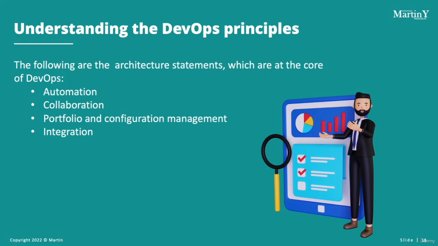On the other hand, automation will also lead to far less manual interaction and therefore fewer errors. The next architecture statement is collaboration. You remember two of the six principles are cross-functional automation teams and end-to-end responsibility. This can only be achieved by very good collaboration. Development and operations will have to work very closely together to speed up the delivery and the releases.